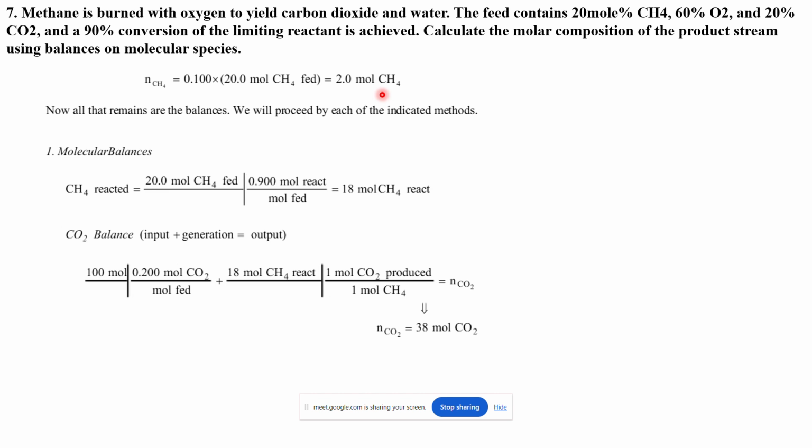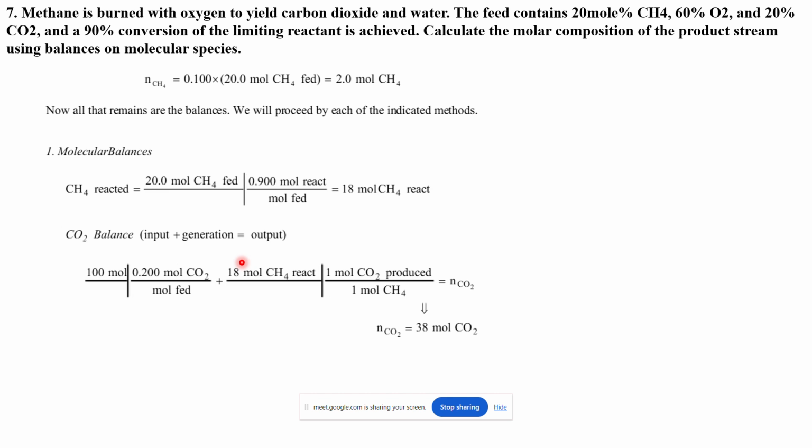Now we will go with the molecular balance. We are left with 18 moles of CH4 for the burning operations. If you talk about the CO2 balance, whatever input we provide goes to the output, and on the other hand some CO2 is generated from the CH4 combustion.